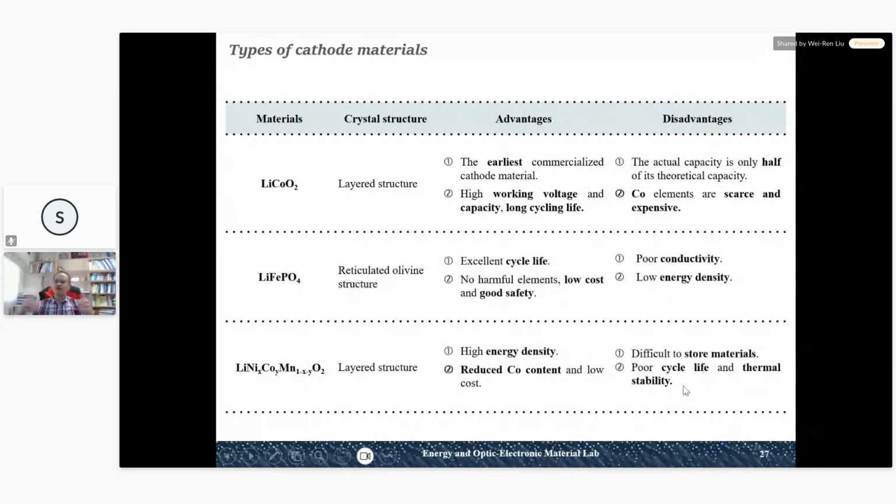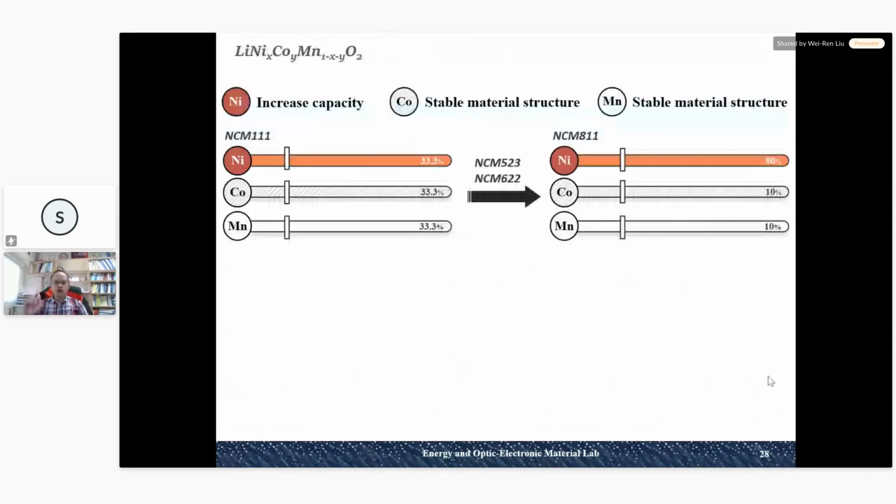So it's very important to improve the cycle life and the safety. You can see from NCM111 to NCM811, by raising the nickel content to 80%, we can increase the capacity, and reduce the cobalt to 10% to make it low cost, and the manganese stabilizes the structure.